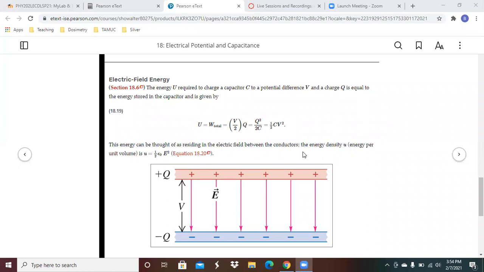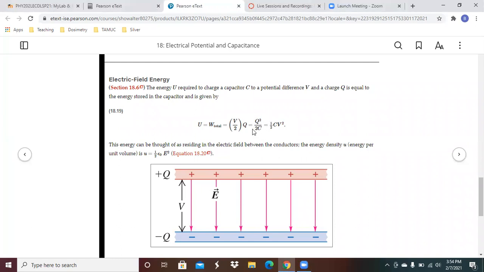Now, the formula is going to be given by formula 18.19 here, which is the energy is equal to the total amount of work that it takes to make this situation happen. And you can see here, it's going to be the voltage divided by 2 times the charge. And then when you remember that the voltage is going to be the charge divided by the capacitance, then you can see the replacement there.